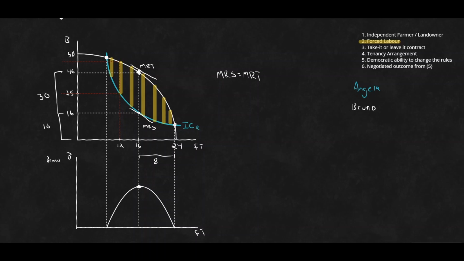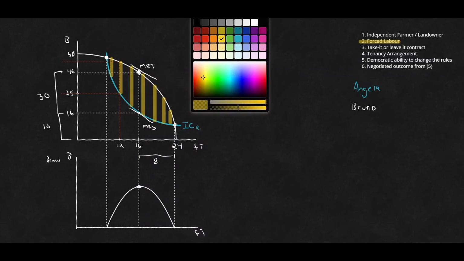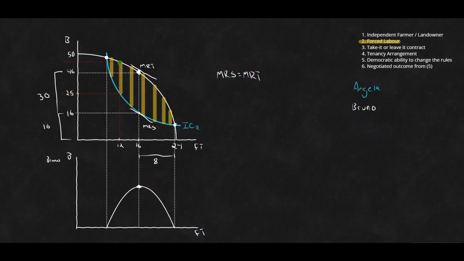Let's use a different color actually, just so that we can see this a bit differently. Let's use green for Bruno. Why not? There we go. So if that's Bruno's payoff, the difference between what he gets from the production and what Angela receives from the production, what we can see is if we just drag this over to that point there, we see that Bruno's actually getting less altogether than he would have if he had just had Angela work 8 hours.